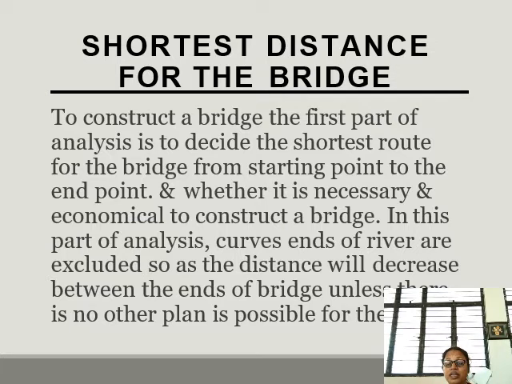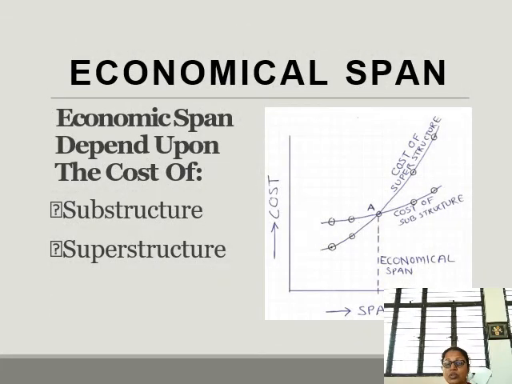In this part of analysis, curves and bends of the river are excluded, so that the distance between the ends of the bridge will decrease, unless otherwise any particular plan is done. We need to calculate the economical span, which depends upon the cost of the substructure and the superstructure.